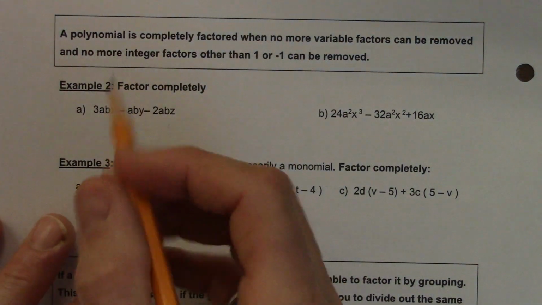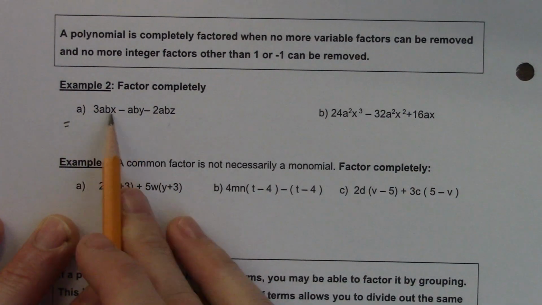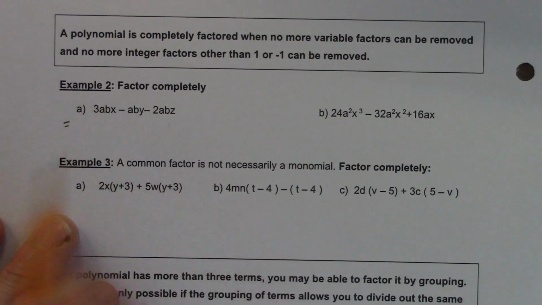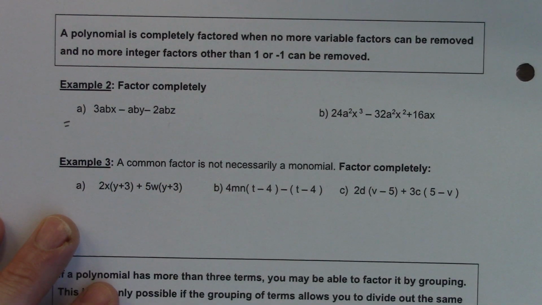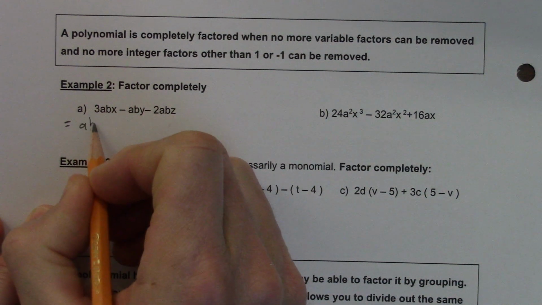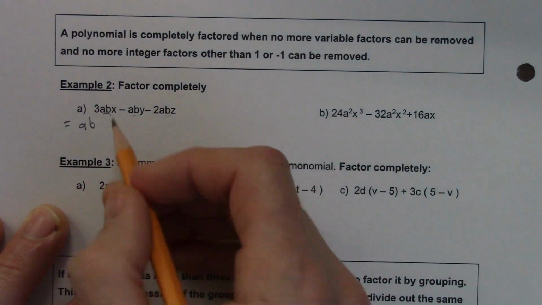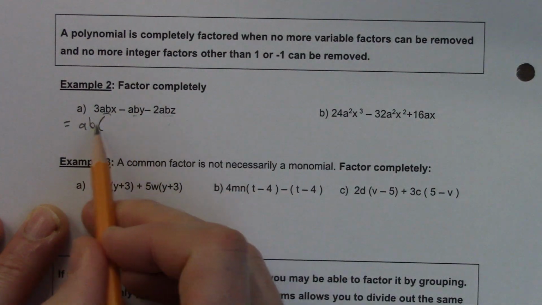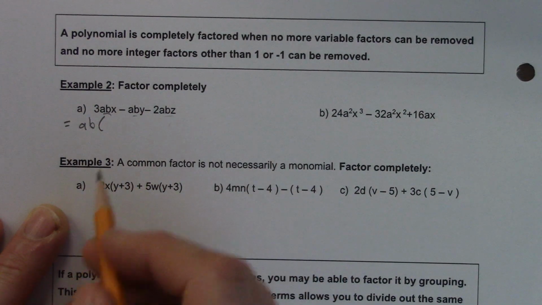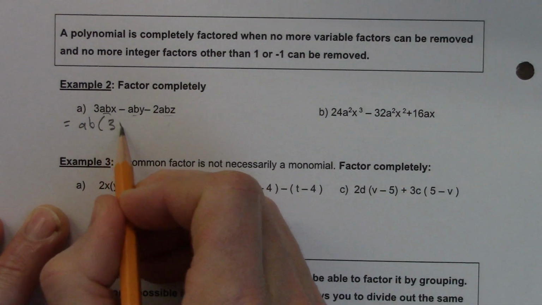Okay, so RC, you want to try this one? What's common in the coefficients or the numbers? Yeah, the only thing common is ab. You're right. There's no numbers common, so ab is the only thing because this has ab, this has ab, this has ab. So now 3abx divided by ab is what? 3x, yeah.